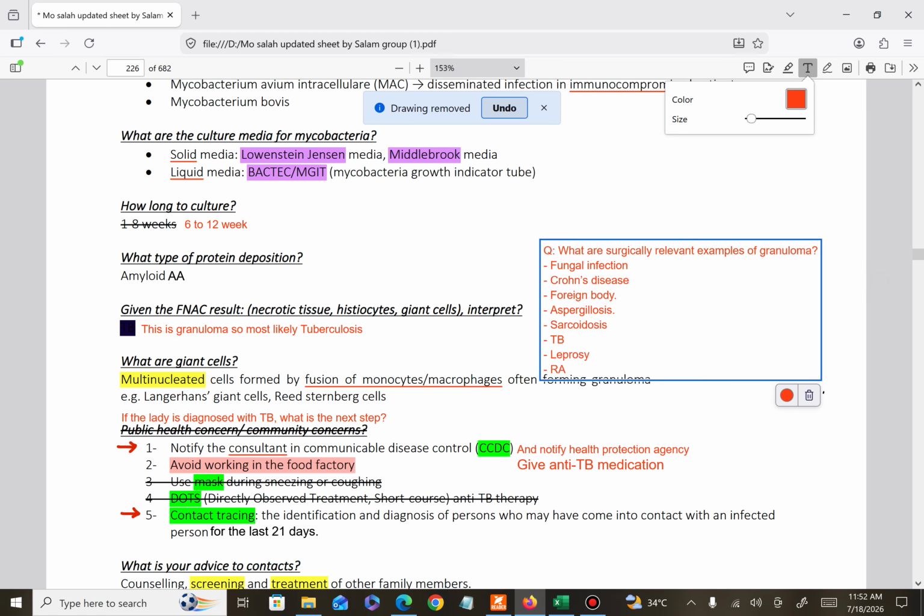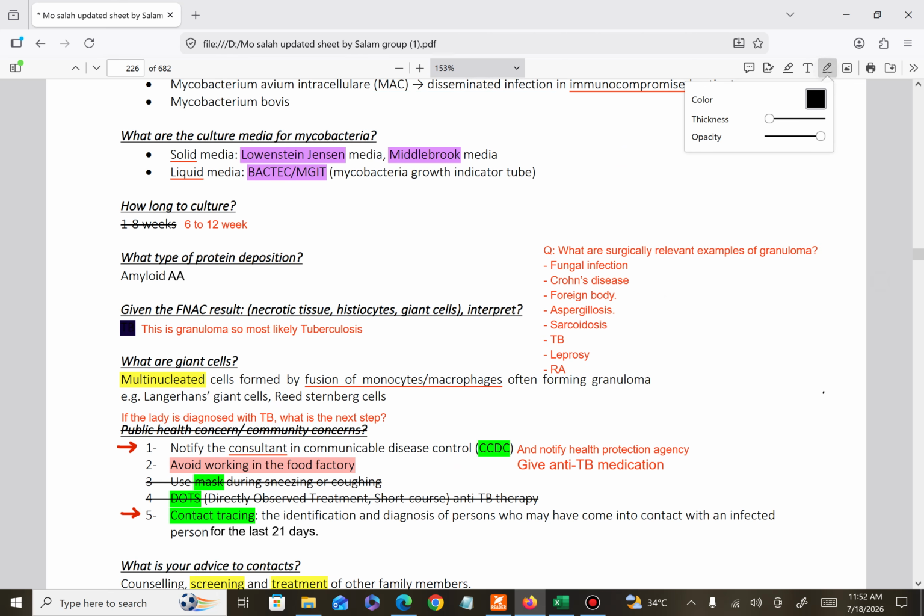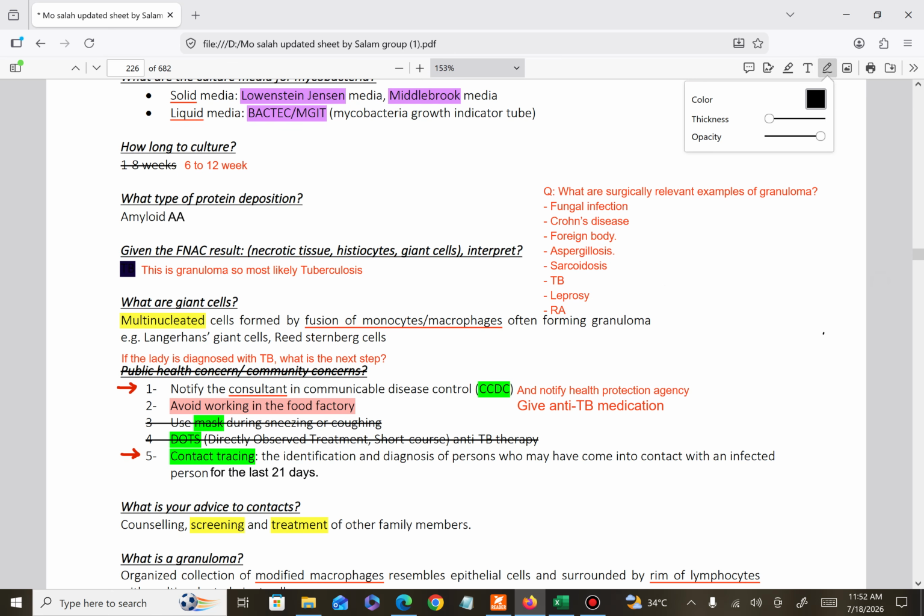The examples of granuloma are fungal infections, Crohn's disease, foreign body, aspergillosis, sarcoidosis, tuberculosis, leprosy, rheumatoid arthritis. It can also have other causes, like parasitic infection such as schistosomiasis.